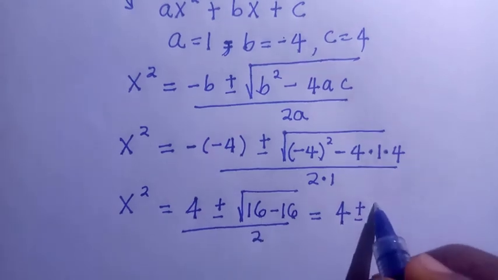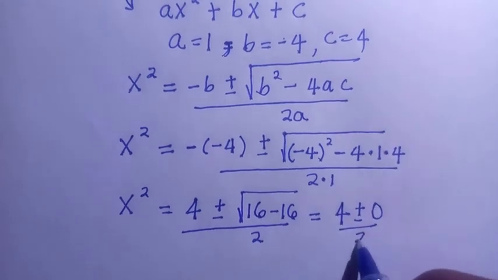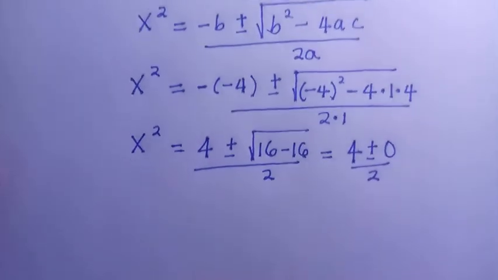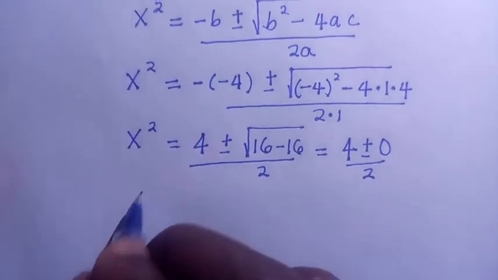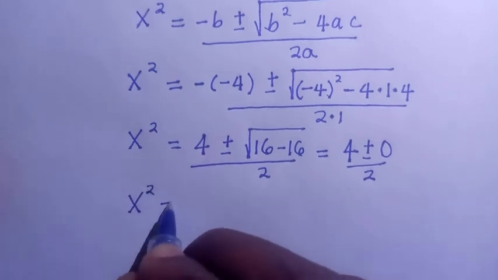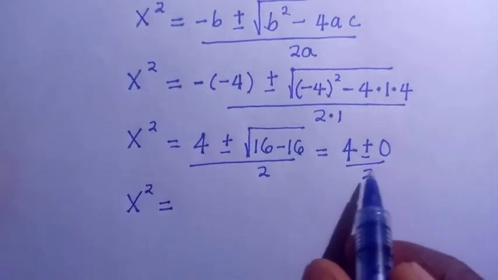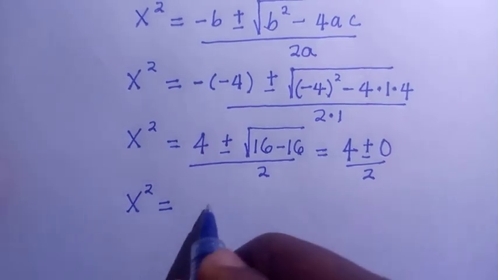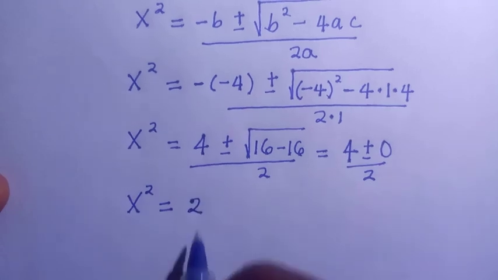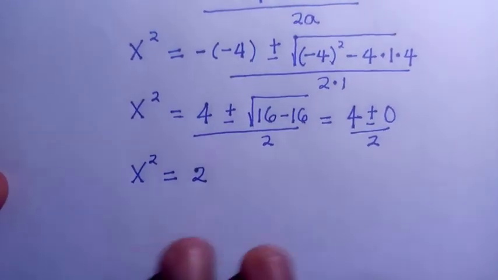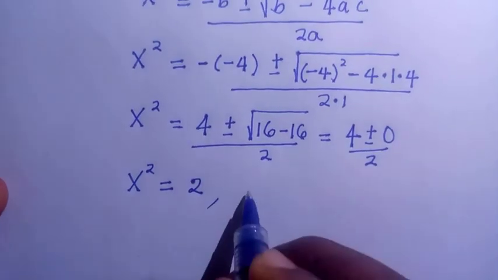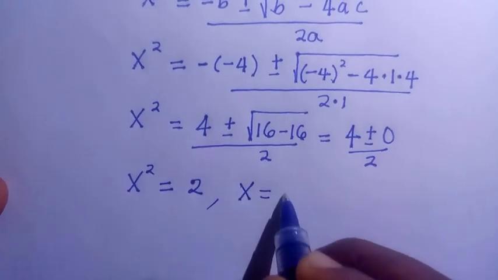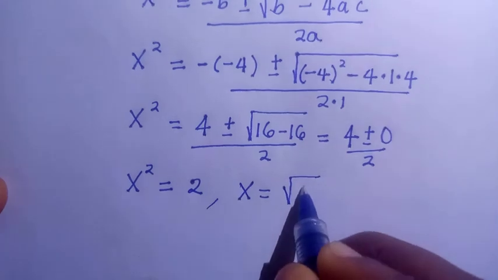Then square root of 0 equals 0 divided by 2. So we believe that the value of x squared is now equals to 4 plus or minus 0, which is still going to give us 4. Then we have it as 4 divided by 2, that gives us 2. Then with what we have here, we conclude that the value of x equals the square root of 2.